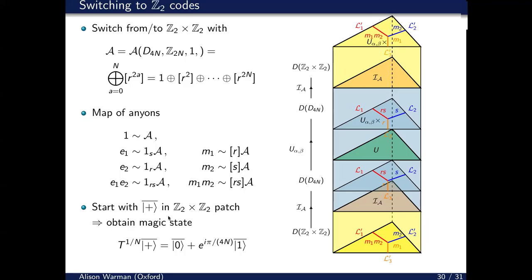So the result is that we start with a standard plus state, so 0 plus 1, and then this unitary gate will return the 0 state, but it will return the 1 state with this phase. And in the quantum info terminology, this is called a magic state, which can be used for quantum computation purposes.